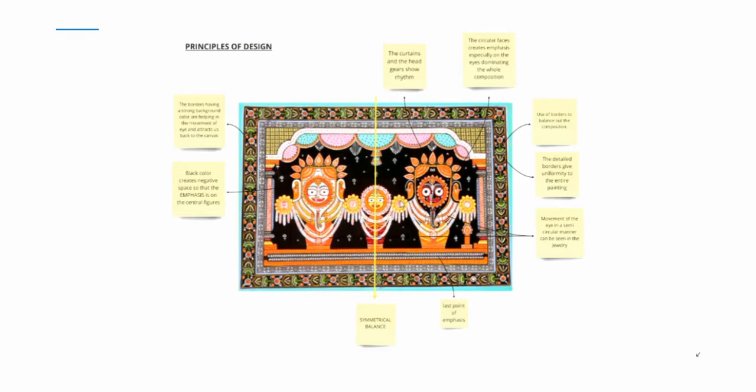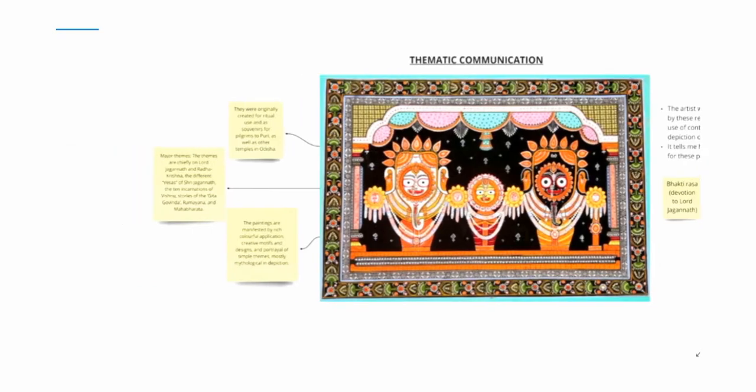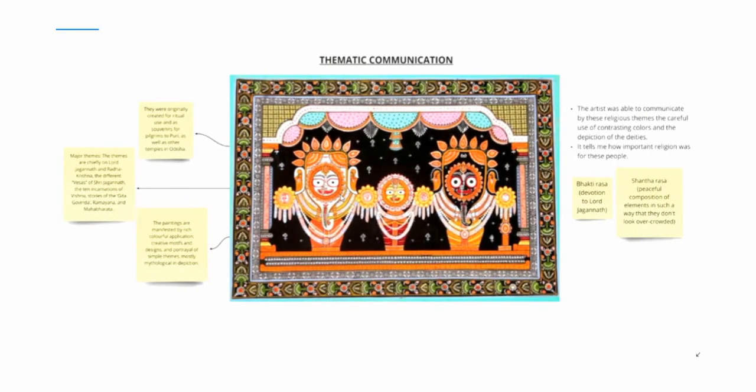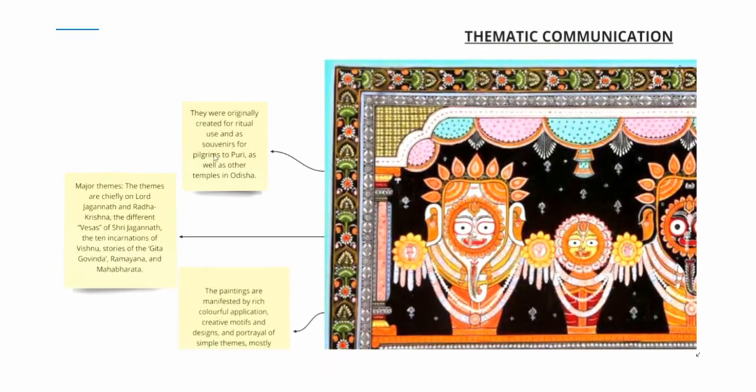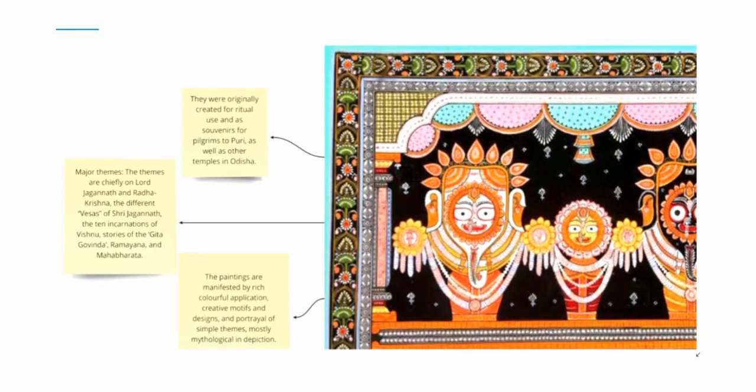Now, talking about the thematic communication, first I'll talk about what the artist was trying to say. They were originally created for ritual use and as souvenirs for pilgrims to Puri as well as other temples in Odisha. The major themes were Lord Jagannath, Radha Krishna, different forms of Sri Jagannath and 10 incarnations of Vishnu.